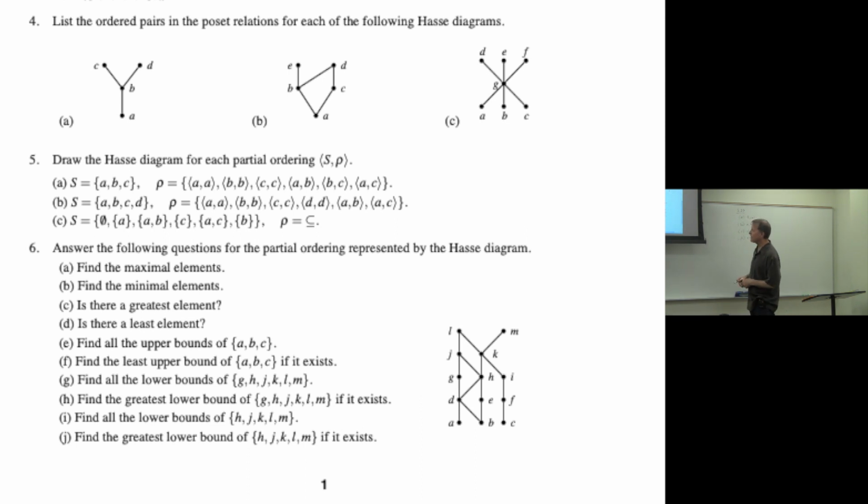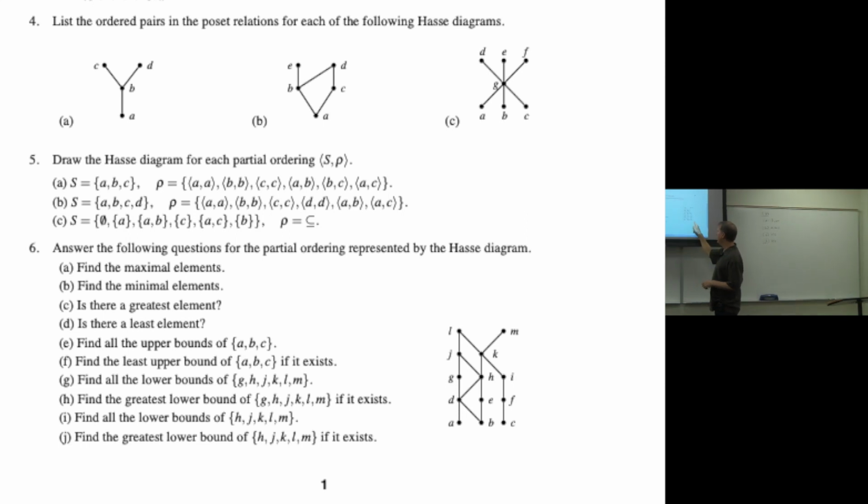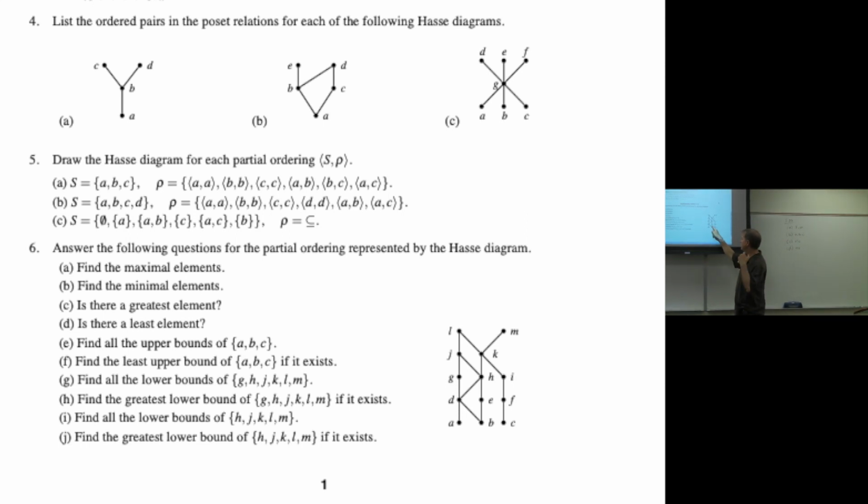Now how about finding all the upper bounds of A, B, C? K, L, and M. So imagine drawing a little oval around A, B, and C. In order for it to be an upper bound, it has to be related to all of these, right?